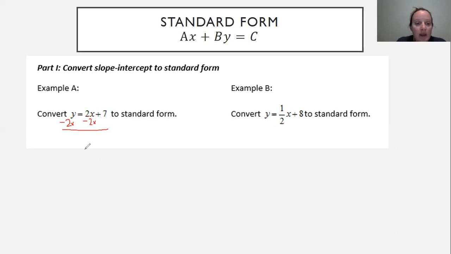And so what I end up with, and I'm always going to try to leave x in the front because that's the way it should be written, is my negative 2x stays here. I have a positive y. And then what's left on this right-hand side is 7. And that's literally it, guys. That's all you have. So the equation of our line is negative 2x plus y equals 7.